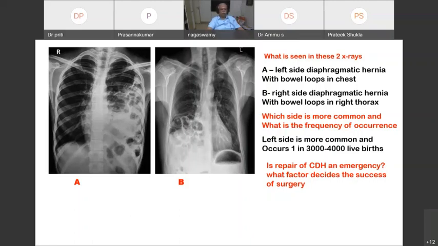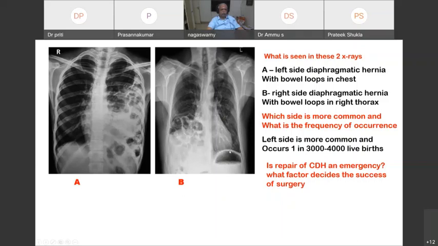So you have to assess the maturity and development of the lung to decide whether the child will stand the surgery or not. If it is a well-developed lung only compressed by the bowel that has moved into the thorax, you can intubate the child, mechanically ventilate, and push all those contents back by pressure, and then take up the child for surgery.